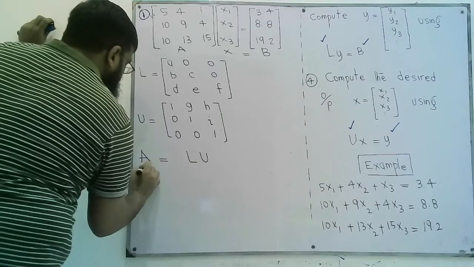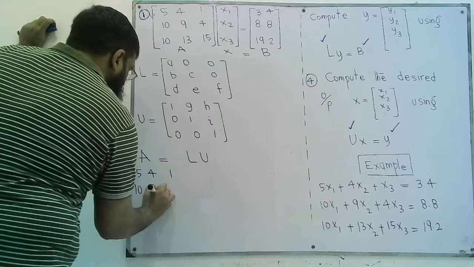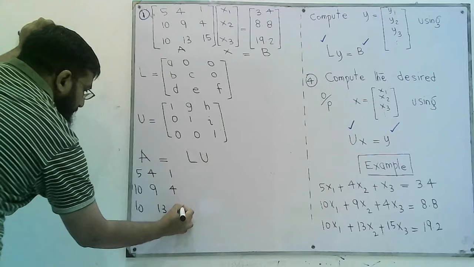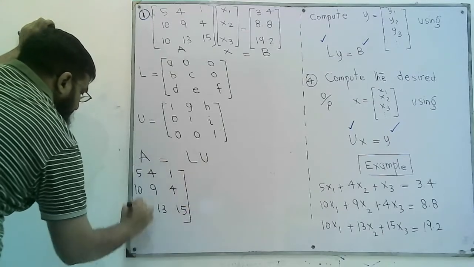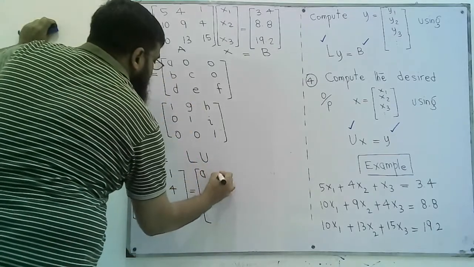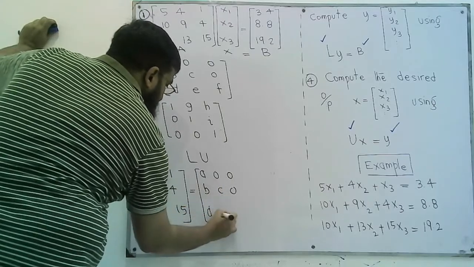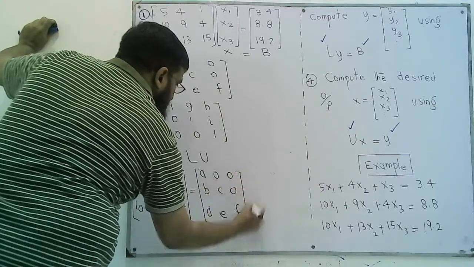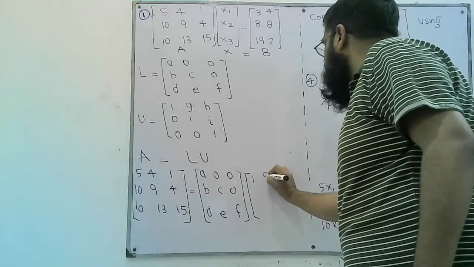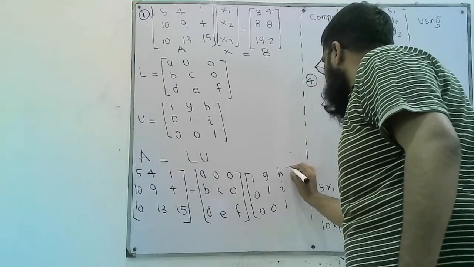A is 5, 4, 1, 10, 9, 4, 10, 13, and 15. It is equal to L times U. L is A, 0, 0, B, C, 0, D, E, F, times U is 1, G, H, 0, 1, I, 0, 0, 1.